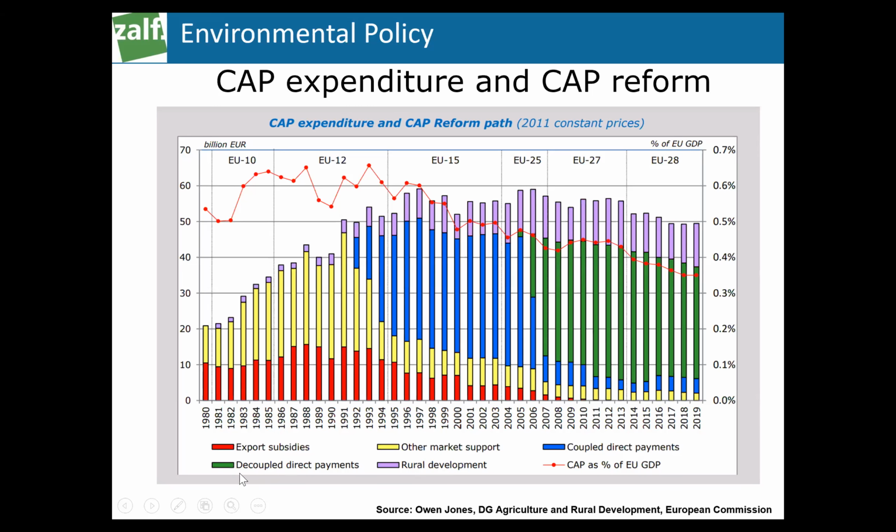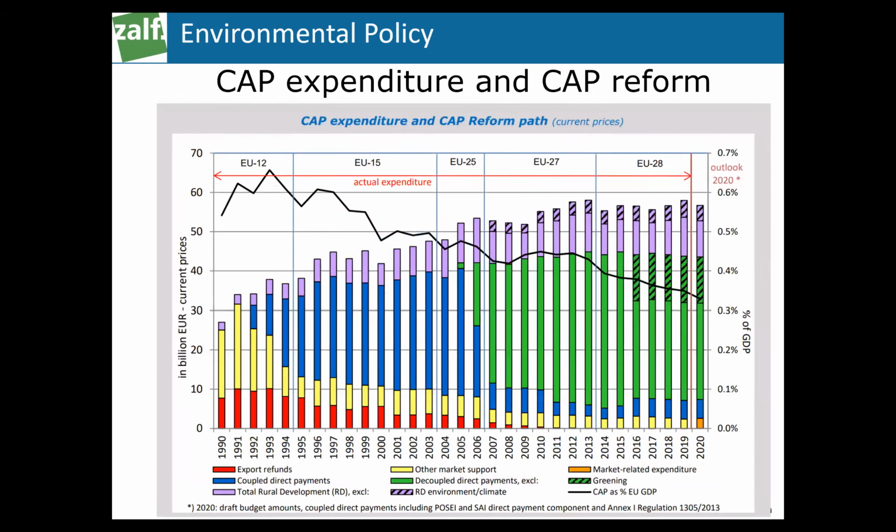The decoupled payments is exactly this area, decoupling, what I explained in the effect. And the share is shrinking. The CAP expenditures compared as a share of total expenditures at EU level. Okay?